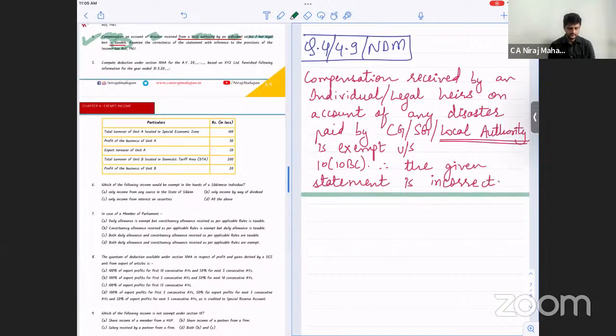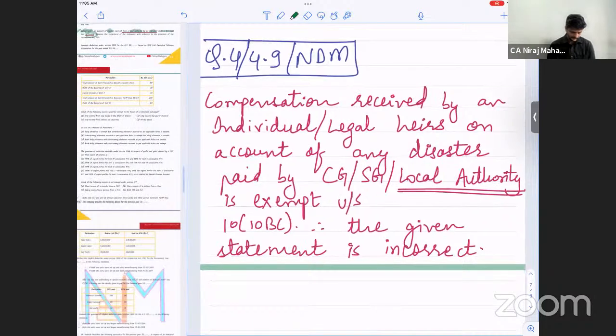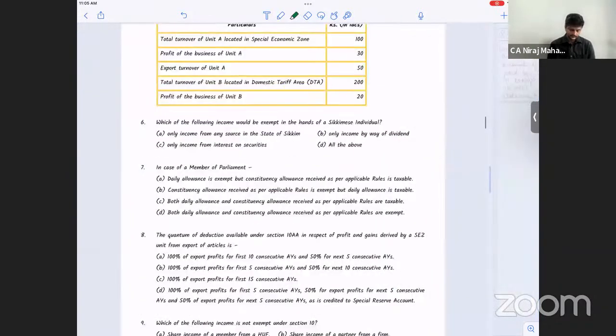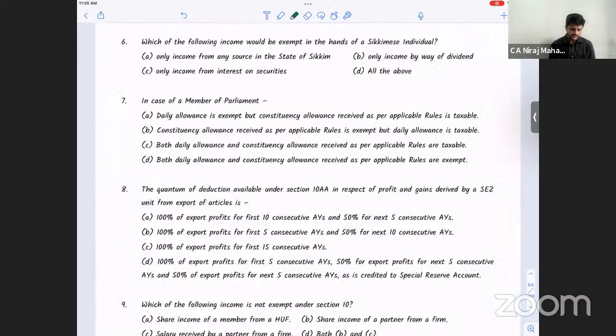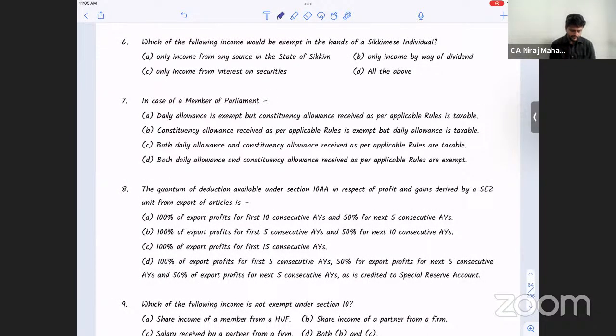We'll go ahead, everybody. Question number 6, give me answer. Should be very easy. Which of the following income would be exempt in the hands of a Sikkimese? Only Sikkim, only dividend, only income from interest on securities. They're saying only.